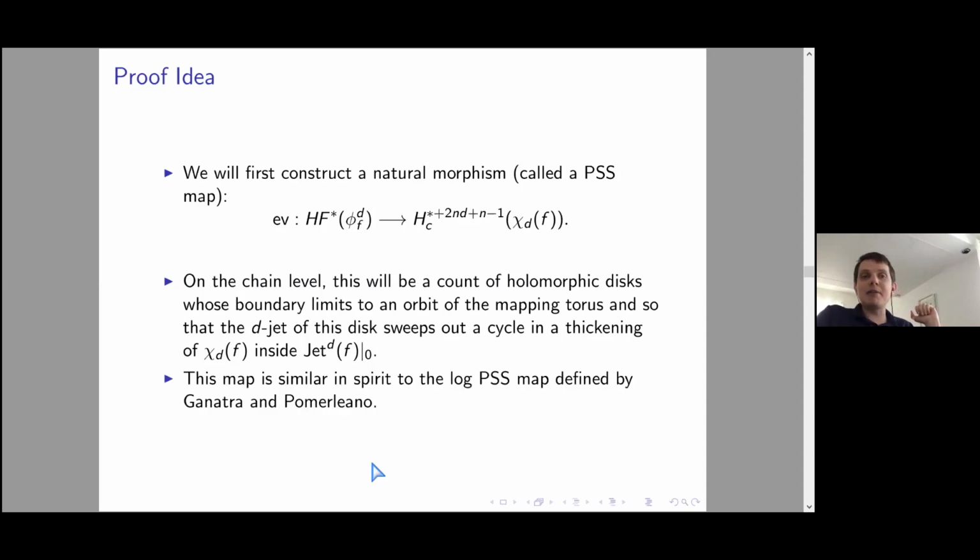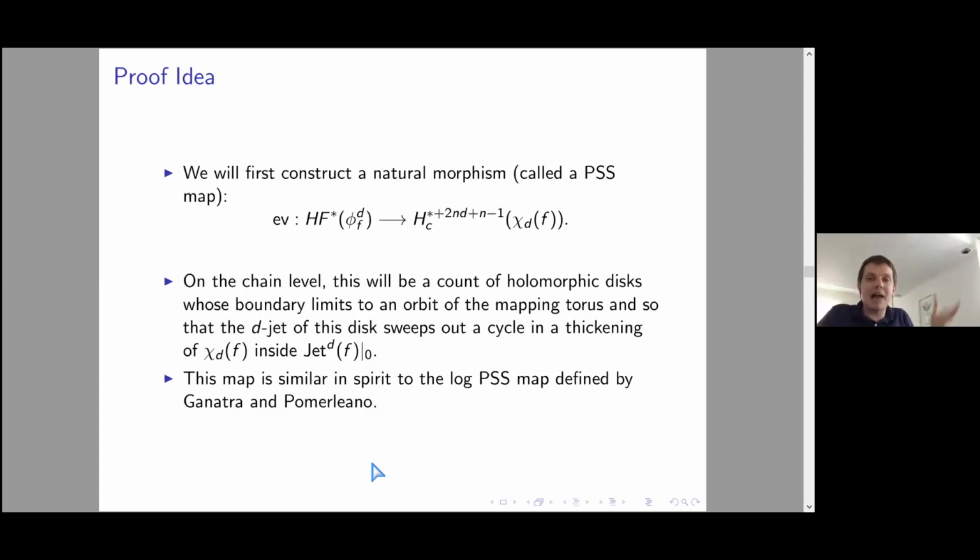Yeah, so this map is very similar in spirit to a map called the log PSS map defined by Ganatra and Pomerleano. I told you that the space that I think is really important for us is called the short arc space, which is the space of holomorphic disks. And a fun thing to think about, which I haven't thought about carefully enough myself, is that there's a sort of PSS map to this space.